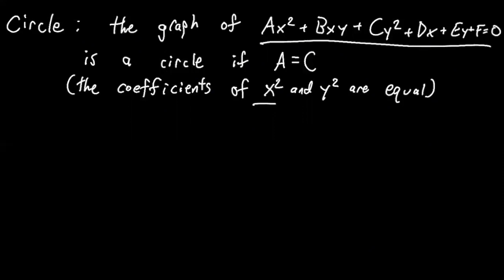In other words, if the coefficients of x squared and y squared are equal. So for example, if we had 2x squared plus 2y squared minus 4 equals 0, something like this, here we do in fact end up with a circle because we have the same coefficient in front of x squared and y squared.